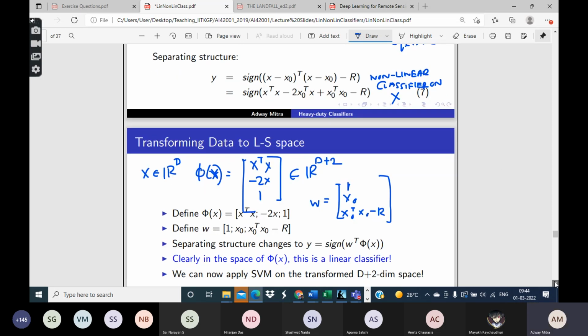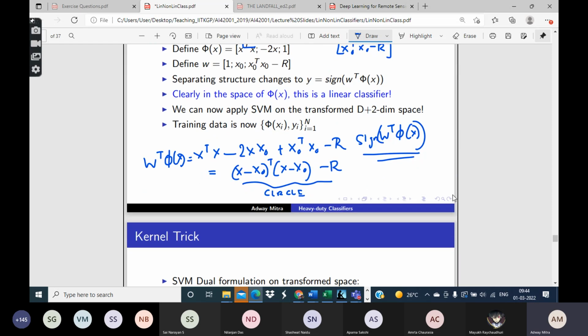But if we consider this one, it's the identical thing as the previous one, but this is now a linear classifier on phi x.